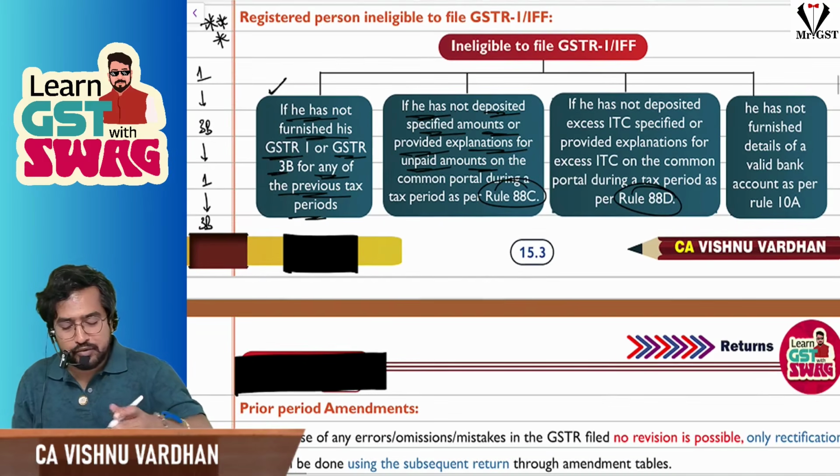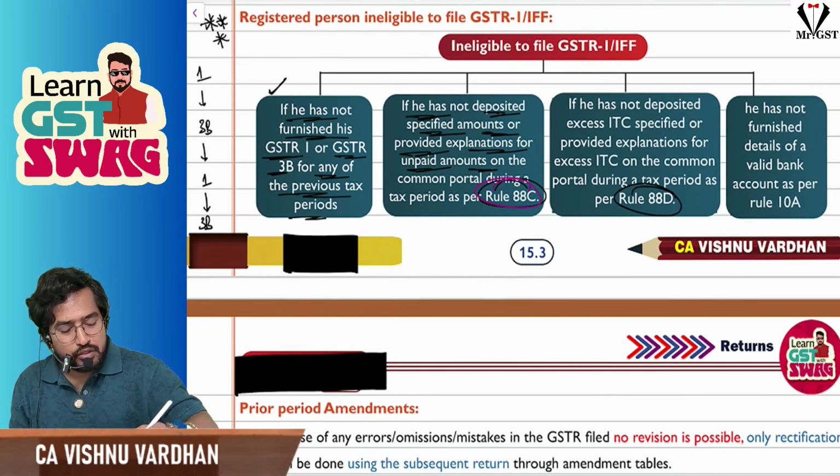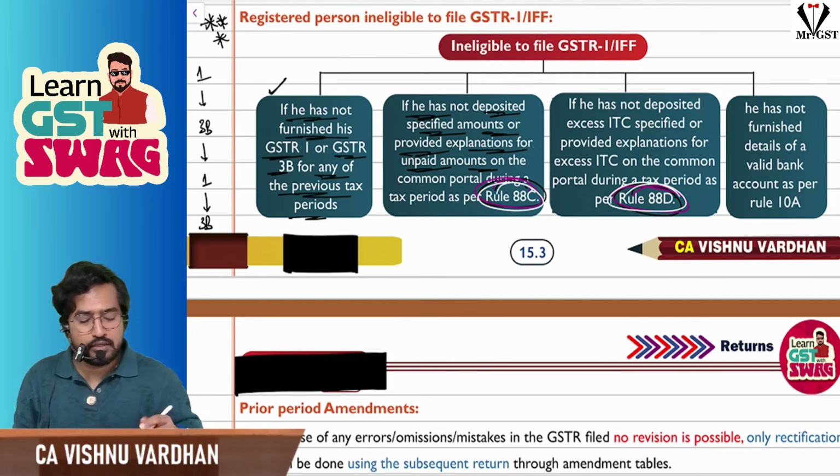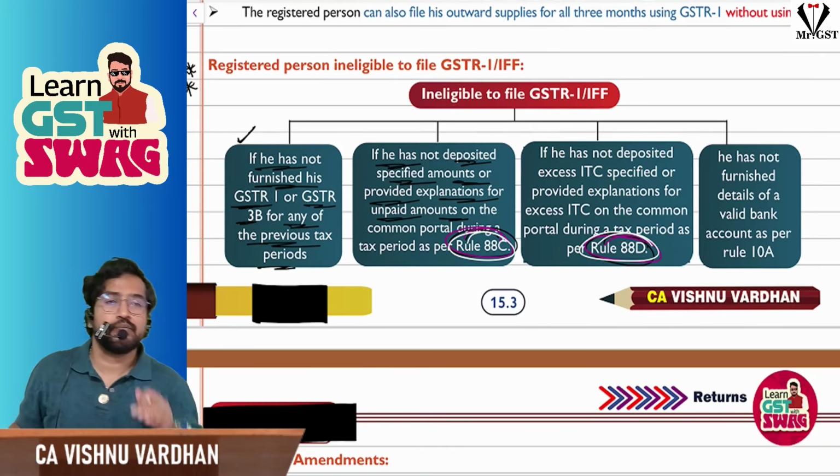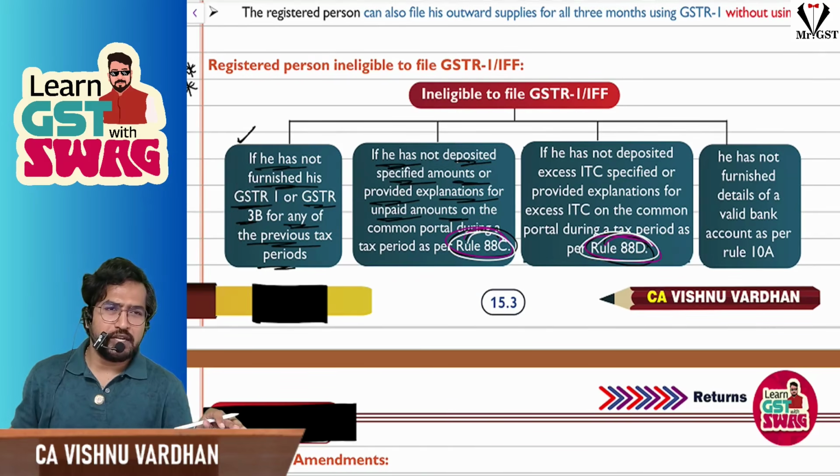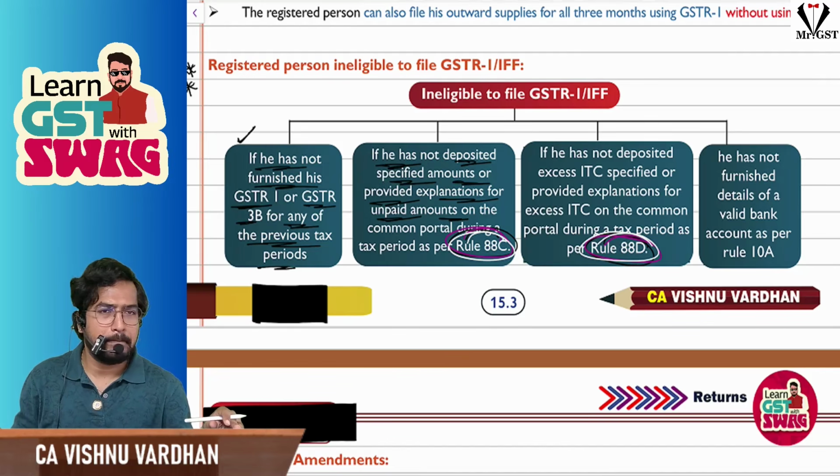88C, 88D. If you see, there are two things here. Rule 88C and 88D. If you remember, 88C, 88D, in one place we have referred them. What is the case?